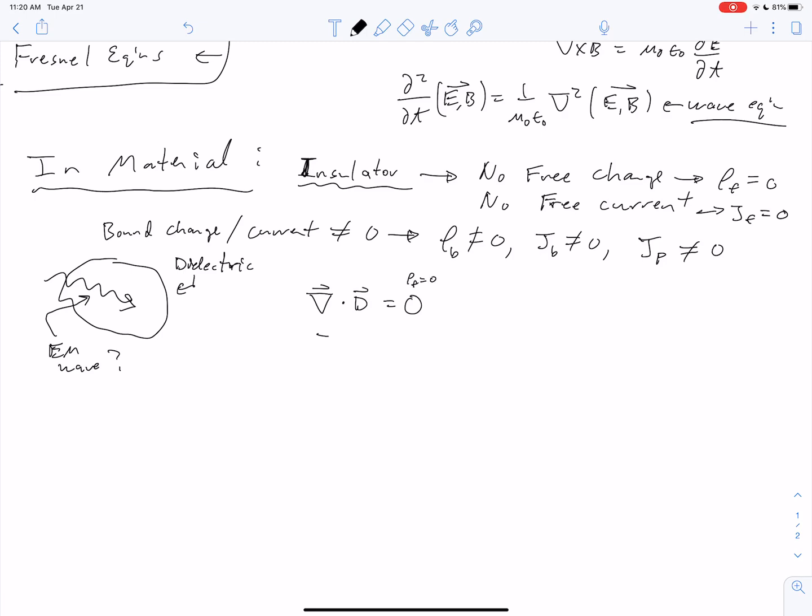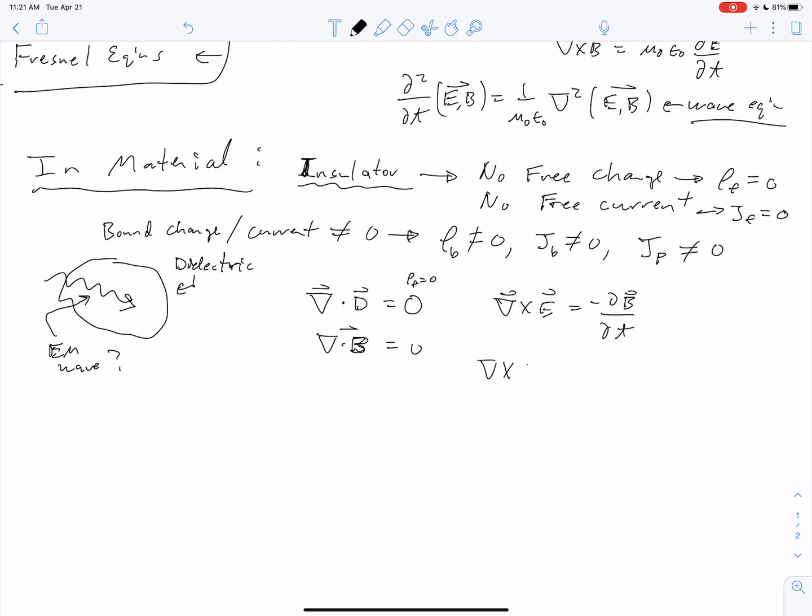And we always have del dot B equal to 0, even in the presence of matter, because there are no monopoles. And we have del cross E is equal to negative dB dt. That one was unchanged in the presence of matter.